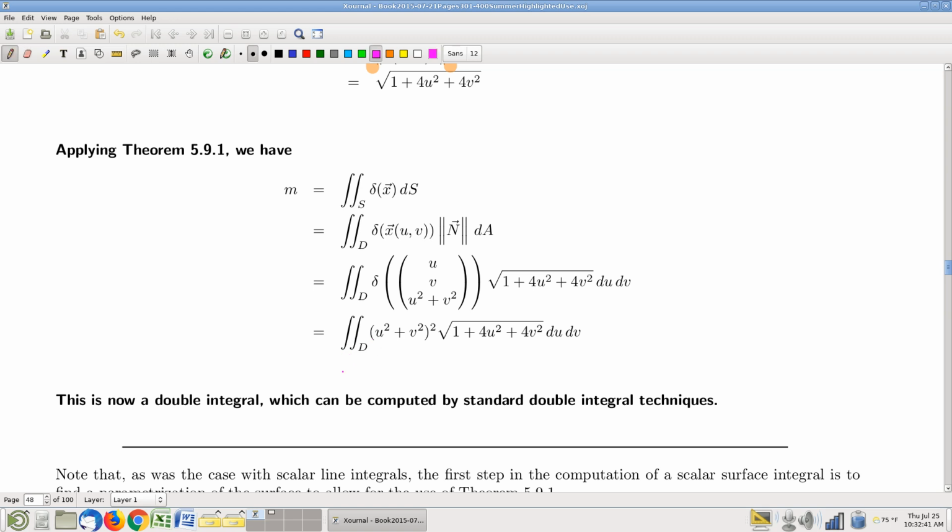Furthermore, you'll notice that this becomes just r to the fourth. This simplifies a little bit as square root of 1 plus 4r squared. du dv becomes r dr d theta. Right?